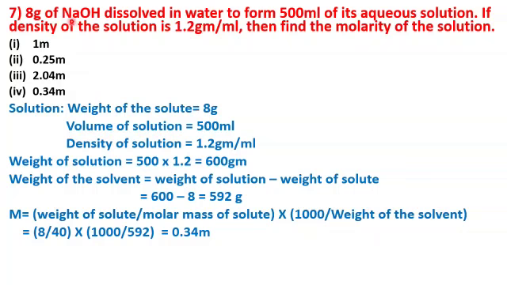It can be calculated by adding the atomic masses of sodium, oxygen as well as hydrogen. Then into 1000 divided by the weight of the solvent, that is 592. So it will give rise to an answer of 0.34 molar. Therefore, the correct option is option 4, 0.34 molar.